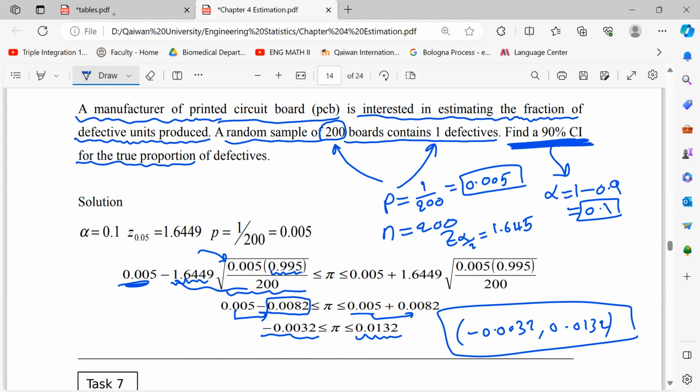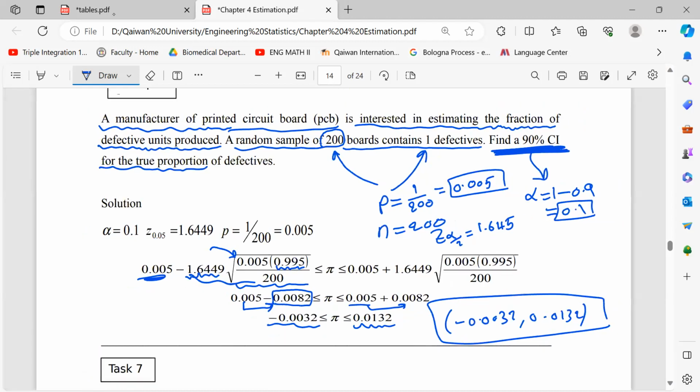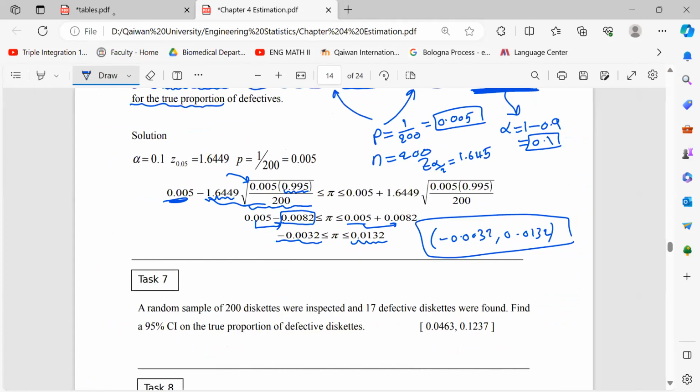Okay? This is the interval of the population proportion for the 90% confidence interval. That's it. If you know the rule, it's easy to calculate. It's only using calculation. That's this case.